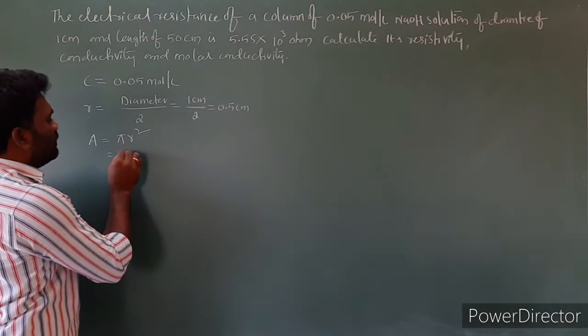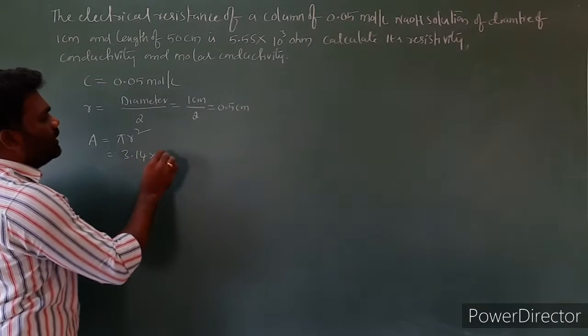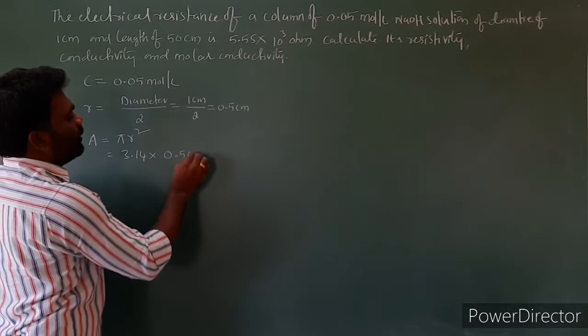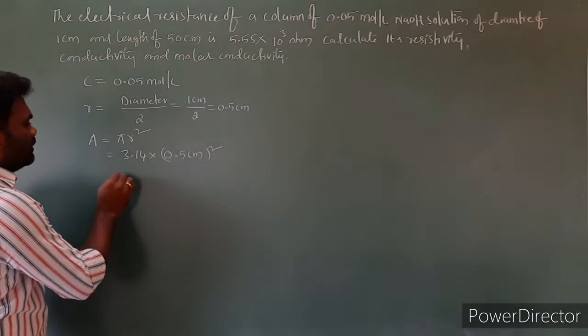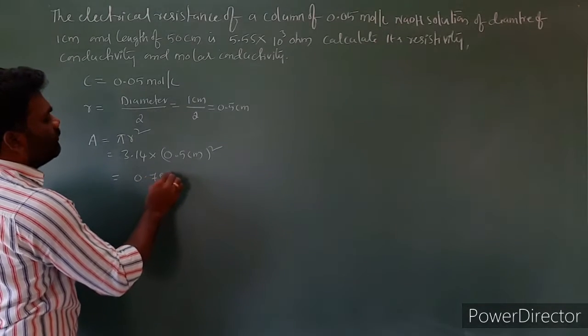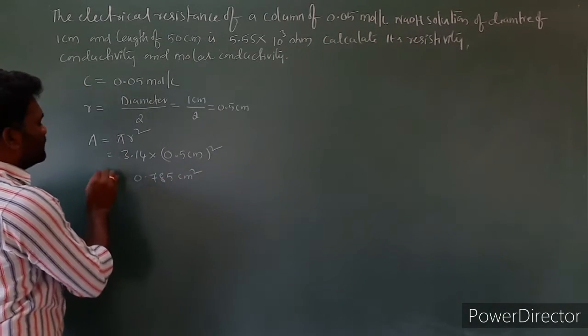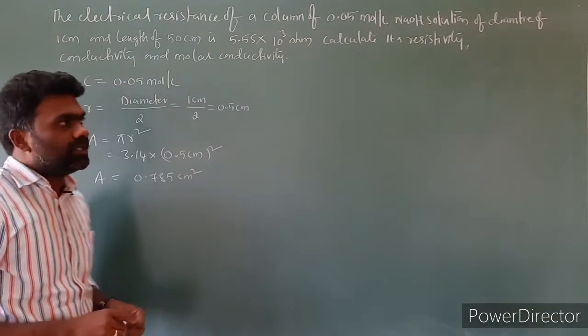So pi is equal to 3.14 into r is 0.5 centimeter square. Upon simplification you will get 0.785 centimeter square. So area is equal to 0.785 centimeter square.